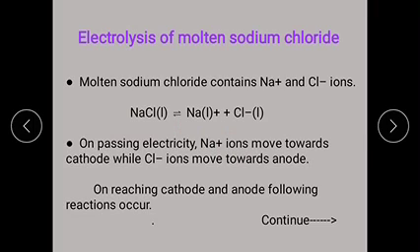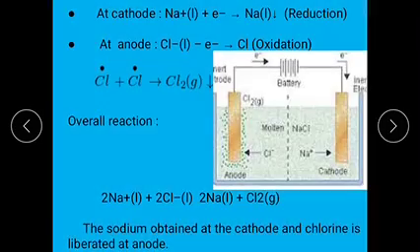The Cl minus ions move towards the anode side, and Na plus ions move towards the cathode side. Sodium metal is formed at the cathode, and Cl2 gas is liberated at the anode, in the case of molten NaCl.